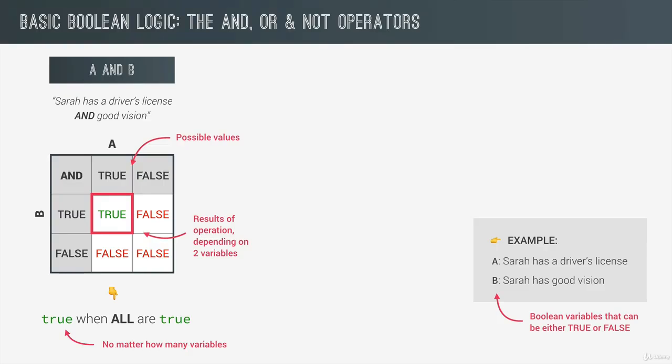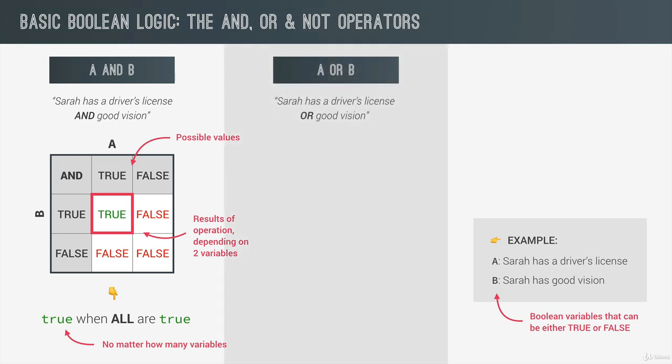Now, moving on the other hand, we also have the OR operator, which kind of works in the opposite way. So with our current example, we could use the OR operator to determine whether Sarah has a driver's license or good vision. And just by thinking about this, we can already intuitively imagine that the OR operator will be true if just one of the variables is true.